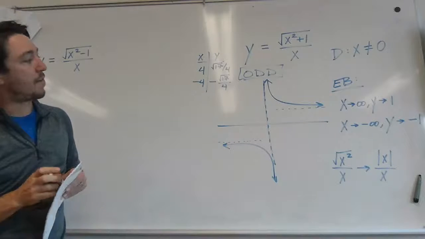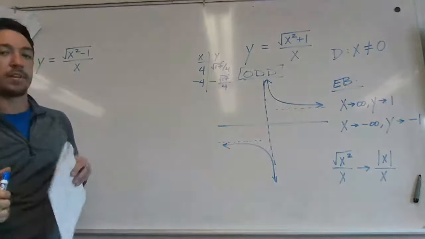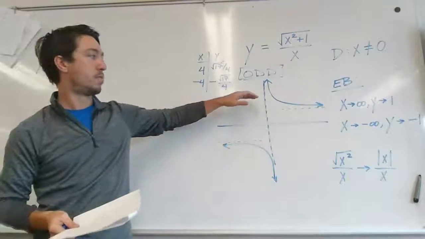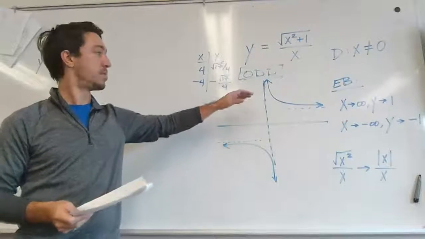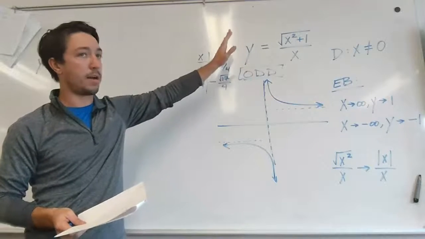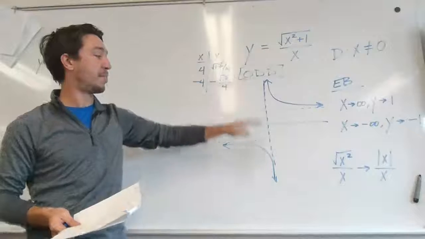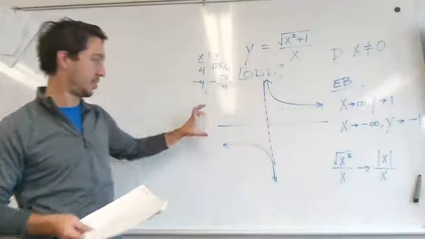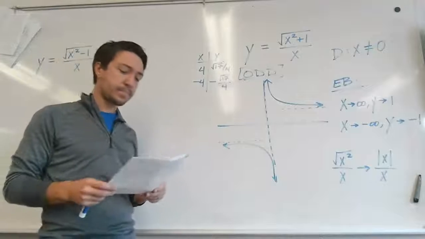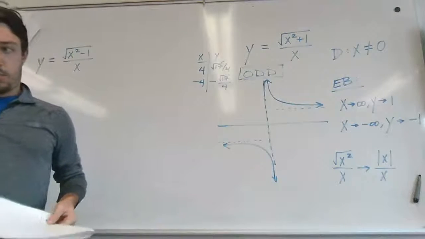So this function ends up having a very bizarre range, if you think about it. The range is, what kind of y values does this function hit? Every number above 1 and every number below -1, but it misses every y value between -1 and 1. Do we understand that?